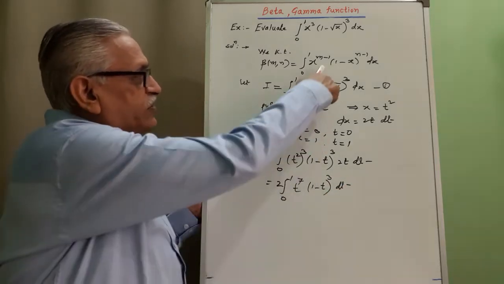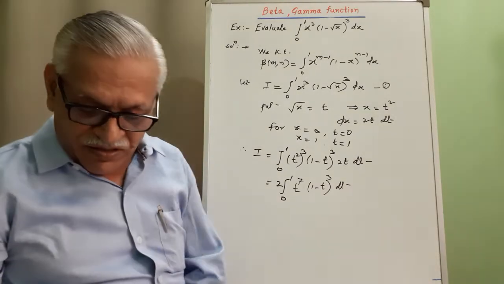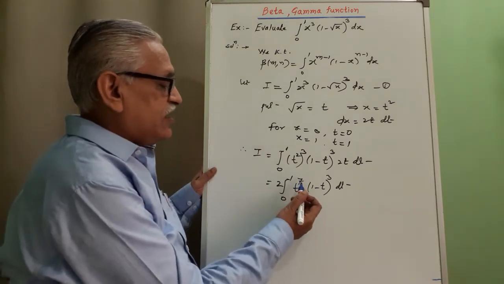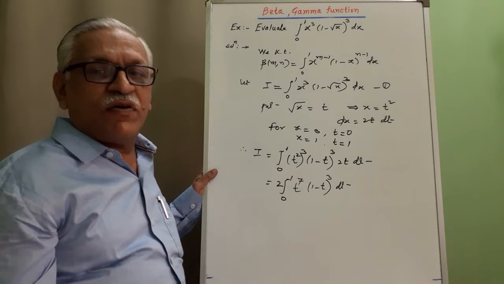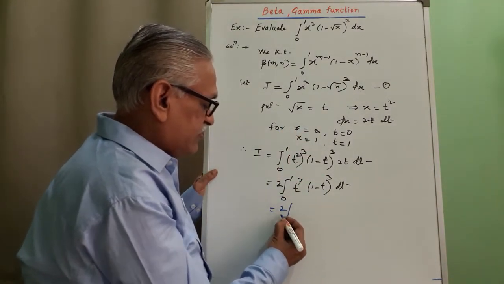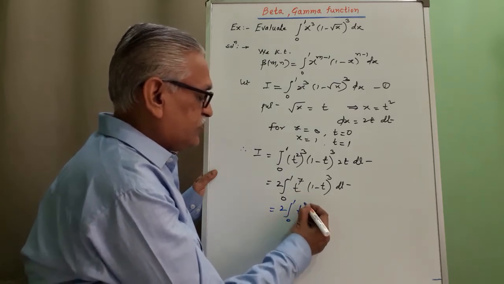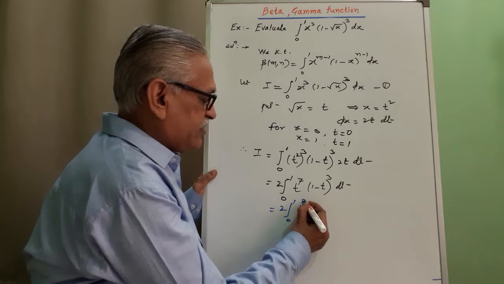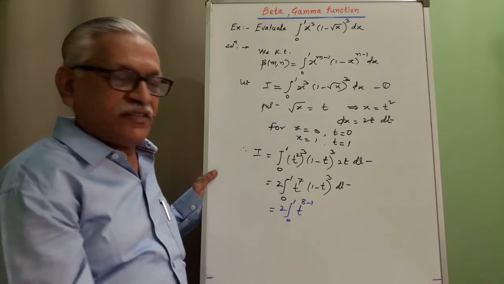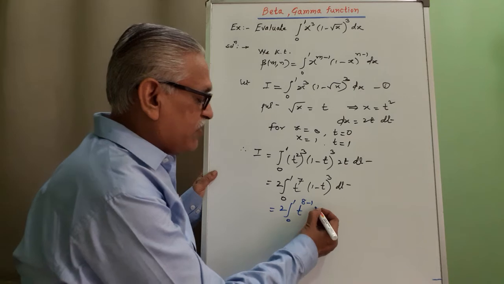Then we try to convert it into the form of the definition of the beta function by rewriting it. This 7 I can write in the form of m minus 1. Therefore it is 2 times the integral from 0 to 1 of t raised to 7, which we can write as 8 minus 1: add 1, subtract 1, 7 plus 1 is 8, and minus 1, so the original value remains as it is, only the form is changing.